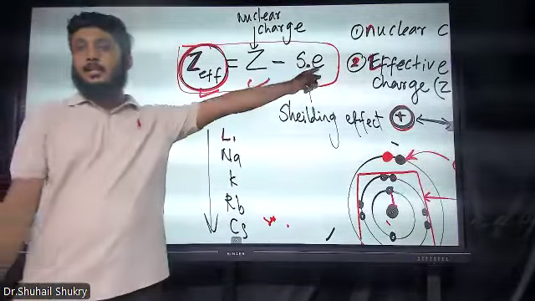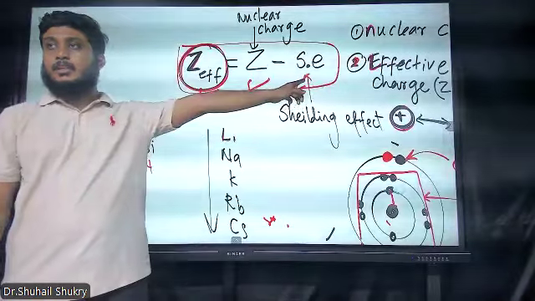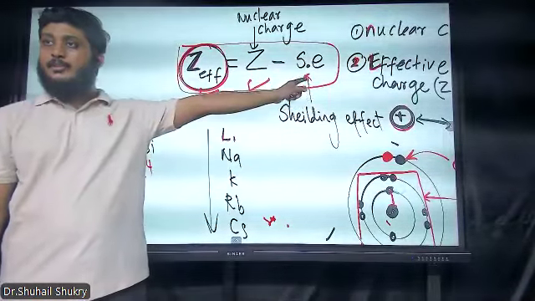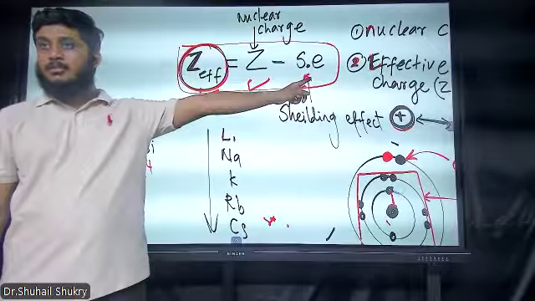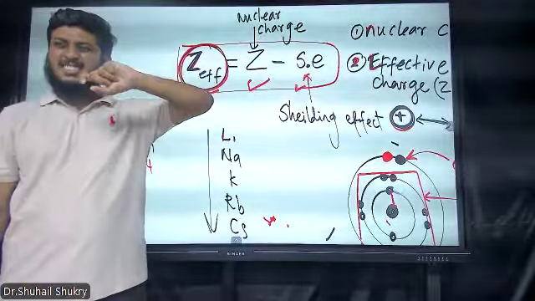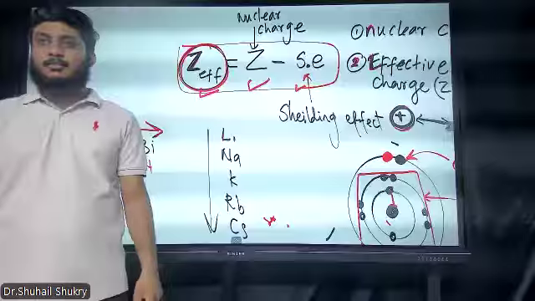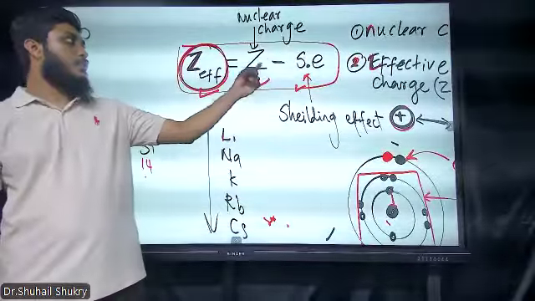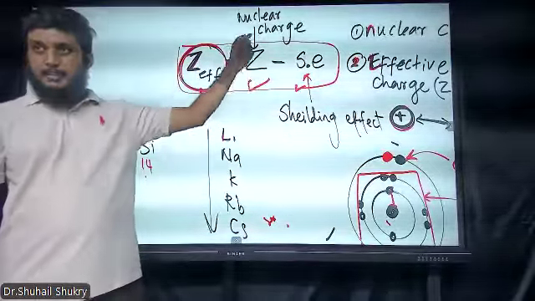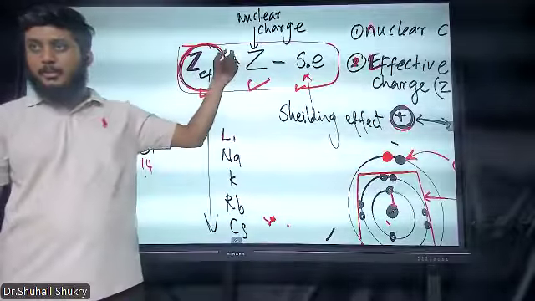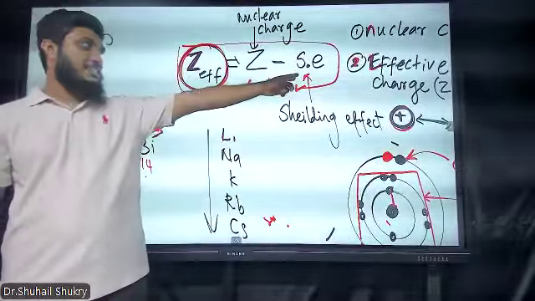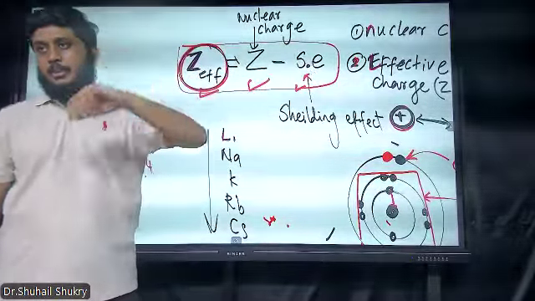What will happen to the shielding effect? I said it will remain constant, if not, slightly increase. This increase is almost negligible. I said this is an almost negligible amount of shielding effect.